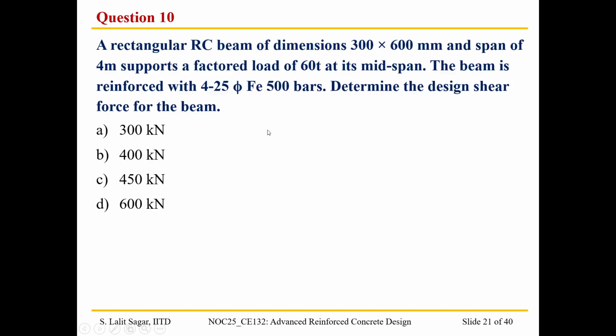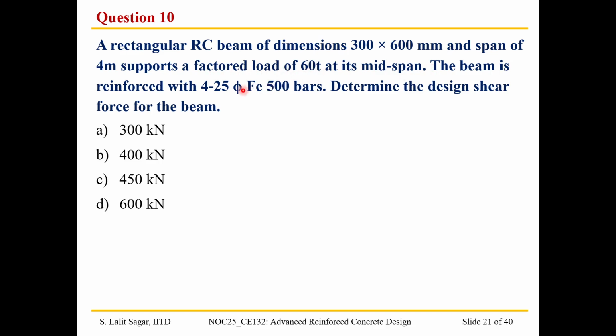we are having a numerical problem now. We are going to design the reinforced concrete beam for shear. So the data is as follows. For a rectangular reinforced concrete beam, which is having a size of 300 by 600 mm, and the span is 4 meters, and it supports a factored load of 60 ton at its mid span.